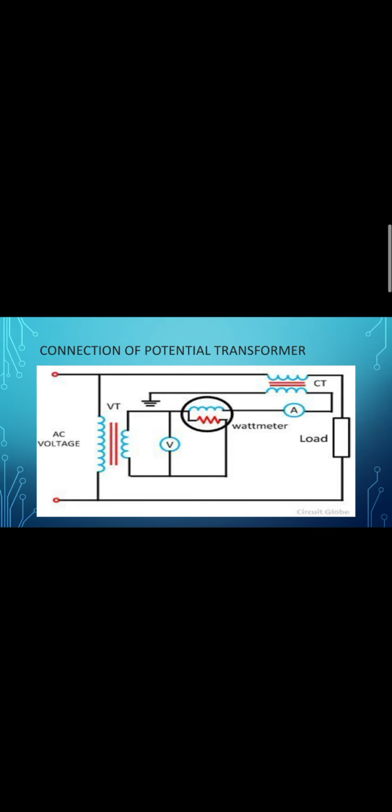In the potential transformer, the primary winding has a very large number of turns, whereas the secondary winding has a few turns. And this circuit contains a wattmeter, voltmeter, and ammeter. Everything is contained in this circuit diagram.